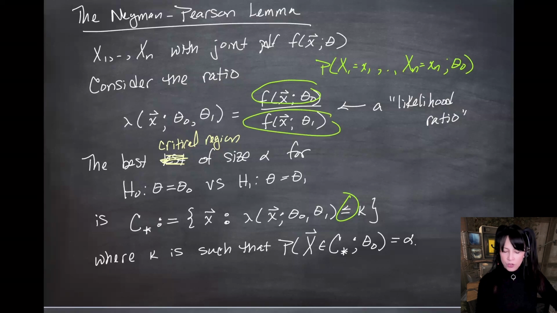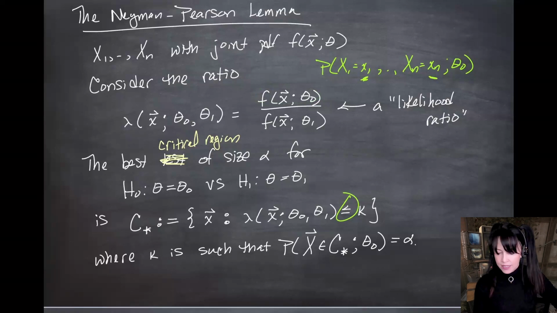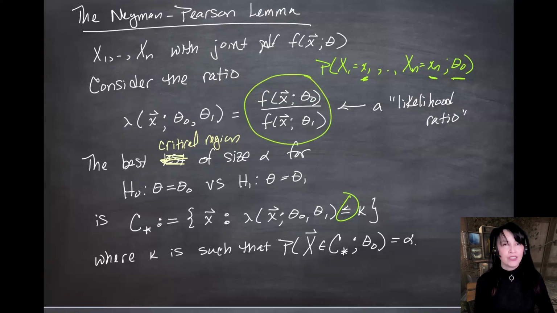So the numerator of the likelihood ratio is the probability of seeing the particular data, little x1 through little xn, when the parameter is theta naught, so when the null hypothesis is true. And the denominator is the probability of seeing that data when the alternate is true. And if the probability of seeing the data when the alternate is true is larger, that's going to make this fraction smaller.